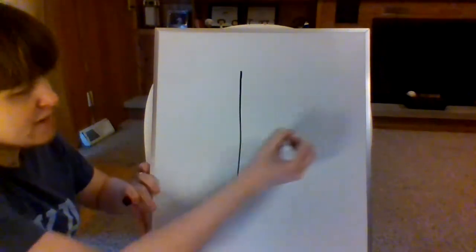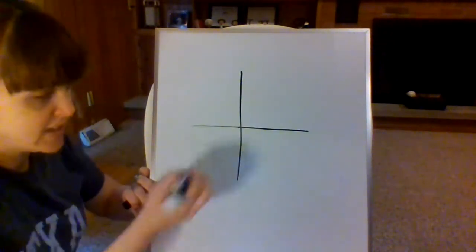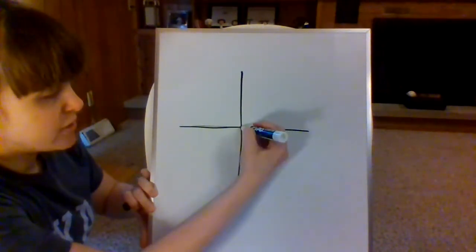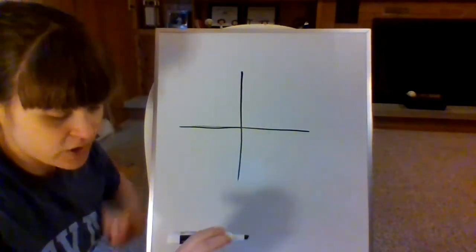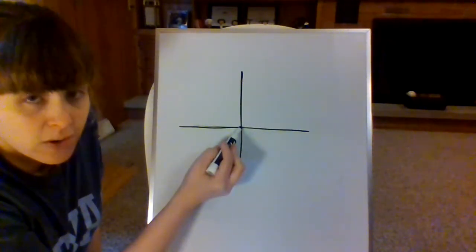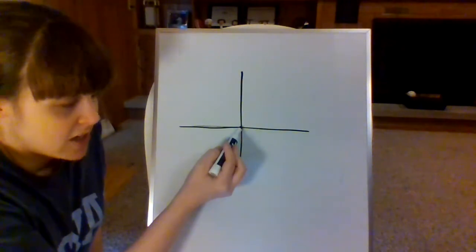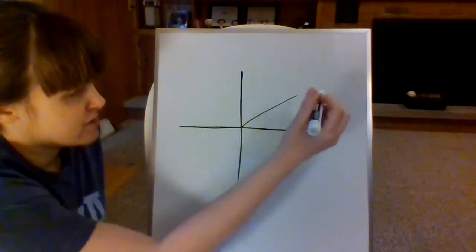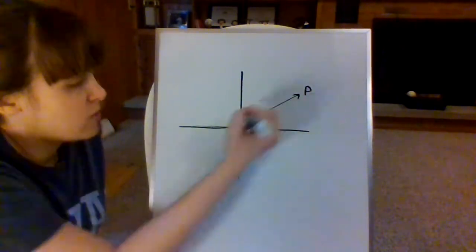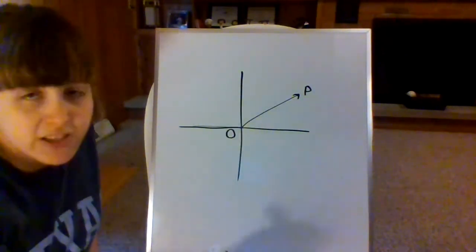Okay, so if you have a normal coordinate grid like this, pretend that's straighter than it is, okay? These vectors are all starting at 0, 0, which is the origin. So if you had a vector, let's say it goes this way, we'll call it OP since we've been using those letters.